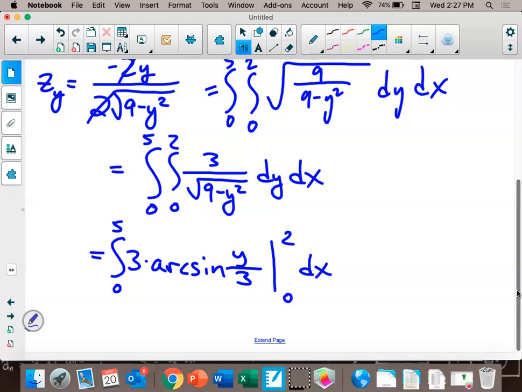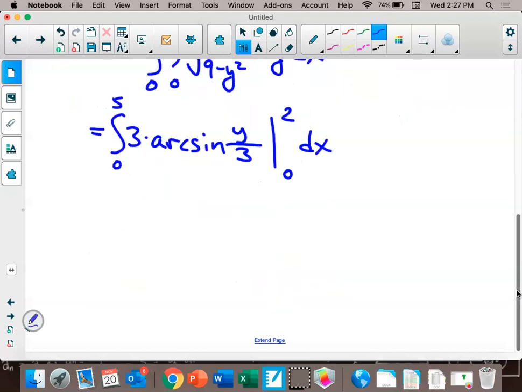Yes? Like the arc sine, the whole thing for the test. I didn't put it in, but I'm not taking this one off the homework. Okay. So anyway, you have 3 arc sine 2/3 minus, just so you know, the arc sine of 0 is 0. It's the angle whose sine is 0, right?